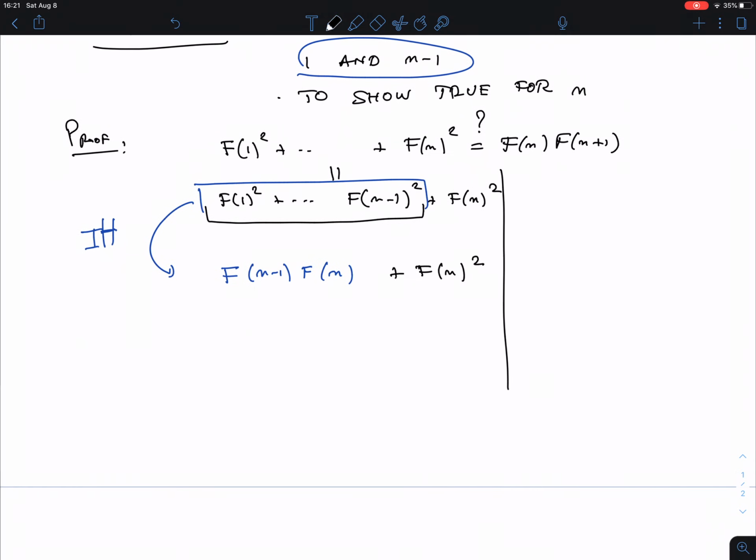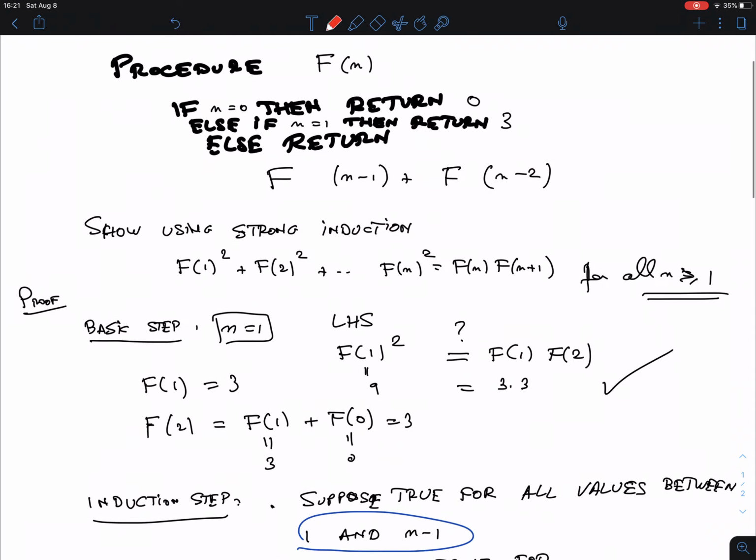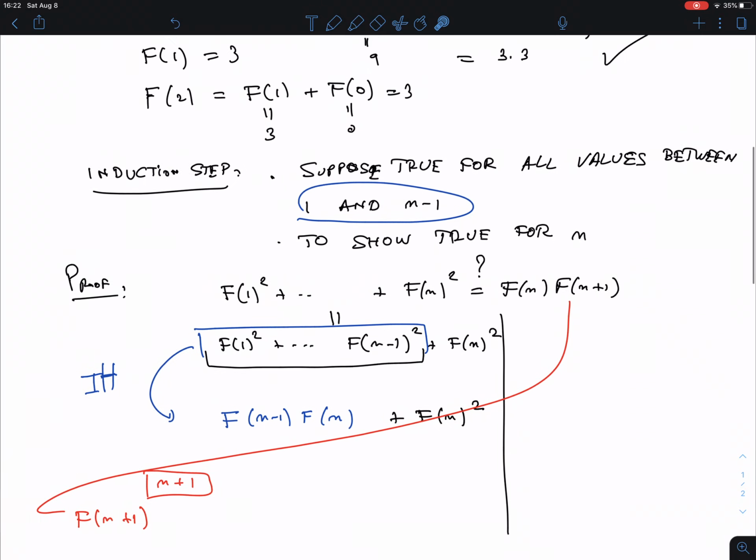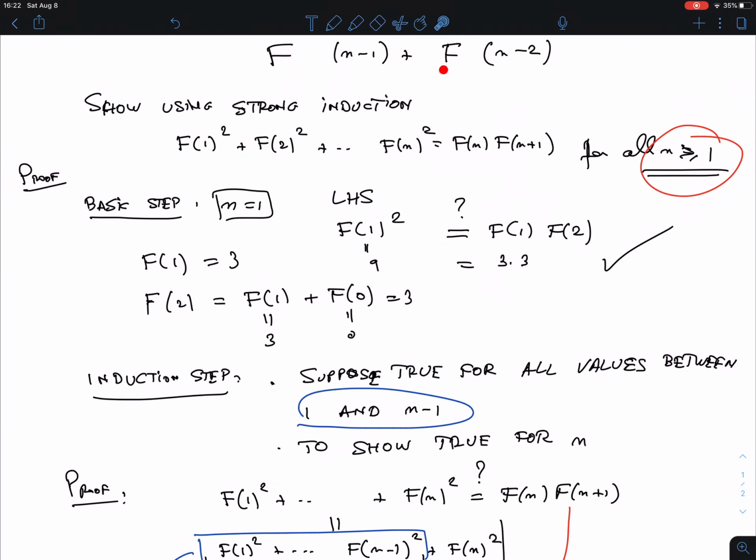I'll do this in red perhaps. So fn plus 1, this is the algorithm with n plus 1. Because n is at least 1, n plus 1 is at least 2, so these two cases are not happening. We are really dealing with this case here. And what this says, if you ask me what the function is at a certain natural number, well, you add the previous two numbers up.